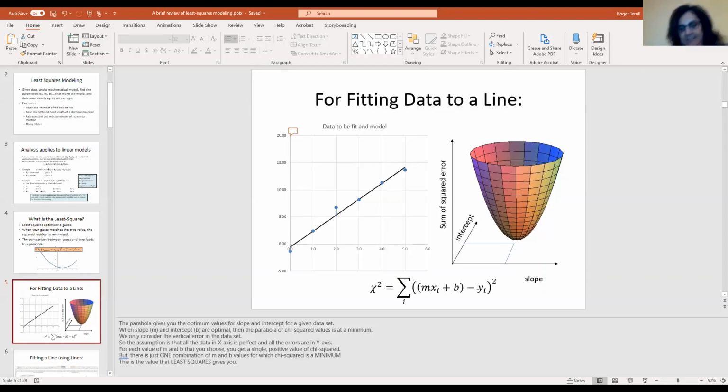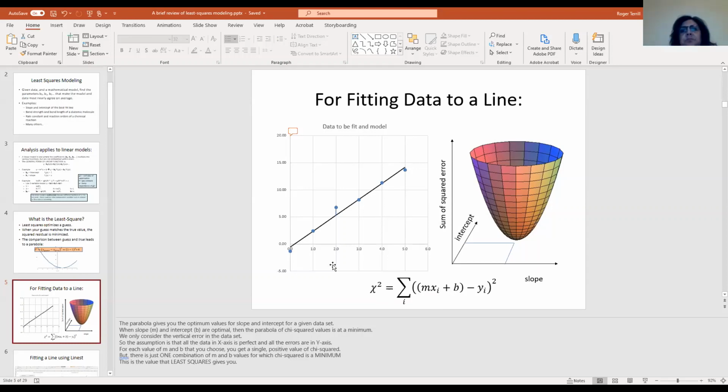Okay, honey. So for finding two variables, m and b in the linear equation y equals mx plus b, you'll take your data set here, which is all these xy data pairs, and then you'll take a trial value for m and a trial value for b, and you'll compute this value called chi-squared, right?